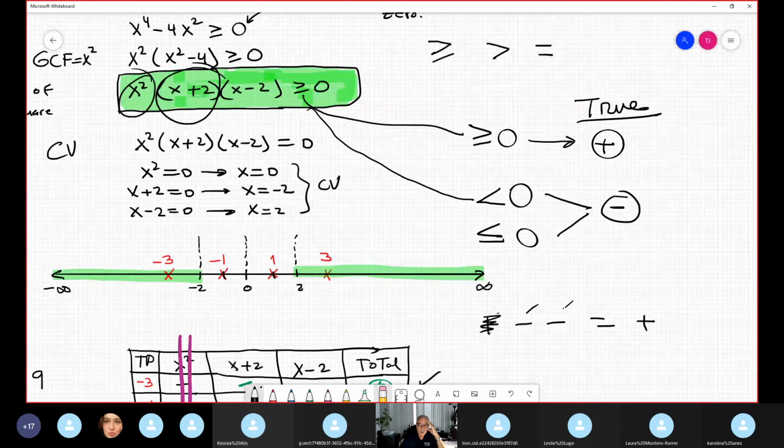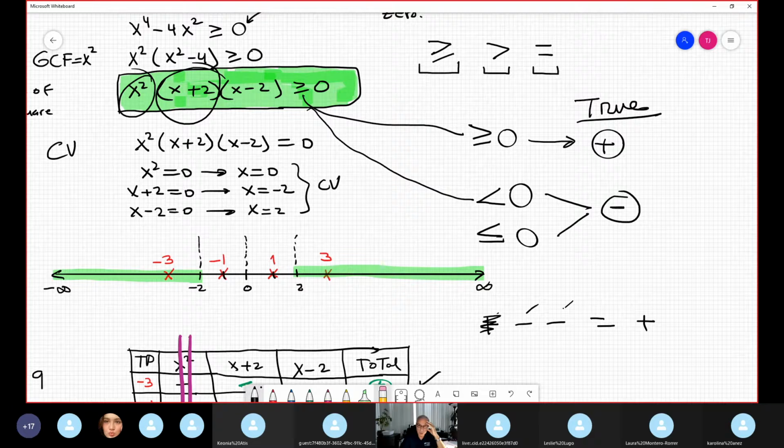Therefore, the solution of this problem is the solution for the inequality plus the solution for the equation. The solution for the inequality is exactly the thing I highlighted here in green color. The solution of the equation is 0, positive 2 and negative 2.